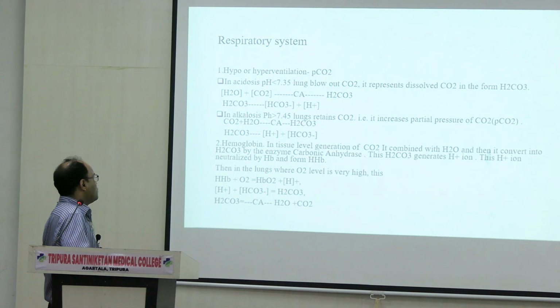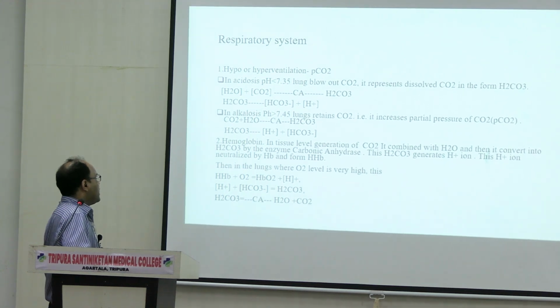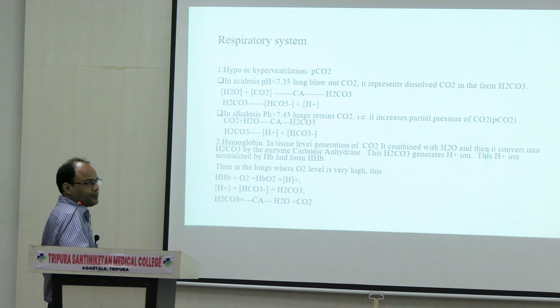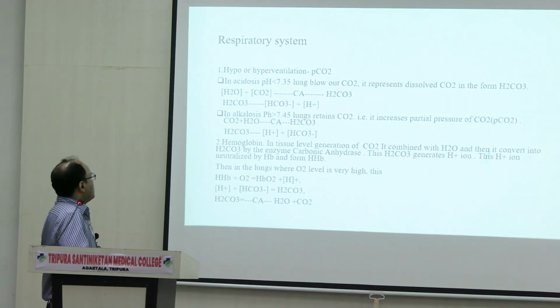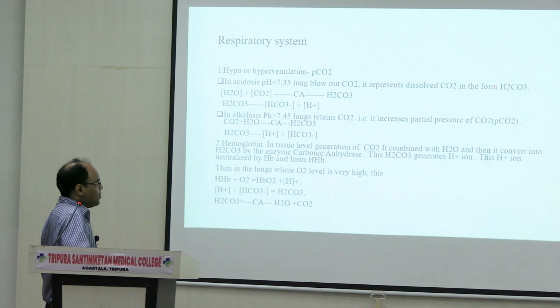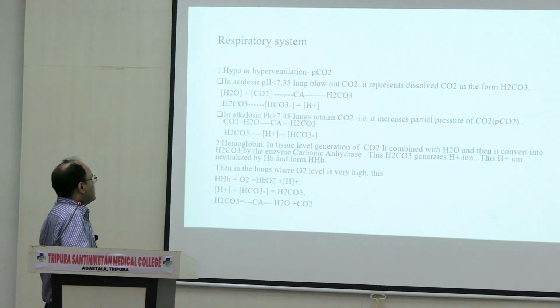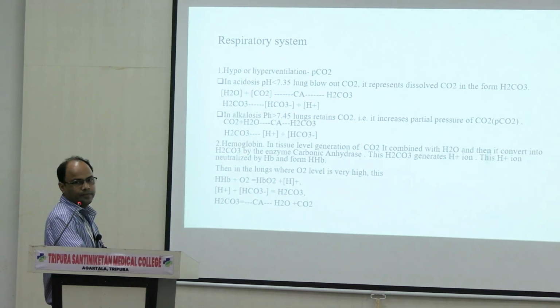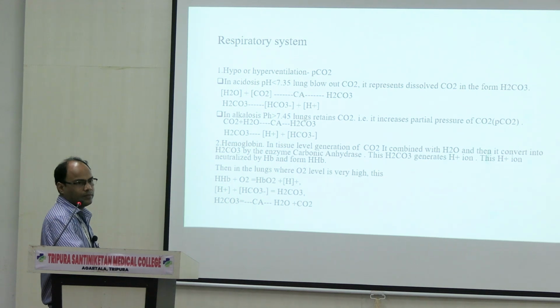This carbonic acid can dissociate and form hydrogen ion and bicarbonate ion. In acidosis, more carbon dioxide is gone. As a result, this level falls, this concentration comes down. As a result, less carbonic acid is formed. That means less hydrogen ion forms.